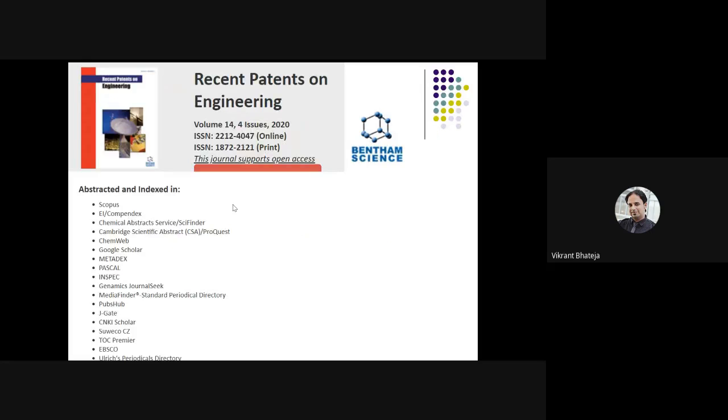There is one more journal, Recent Patents on Engineering. It is a Bentham Science journal, Scopus indexed, where I am on the editorial board. Its call for papers is open and anyone can submit their research there.